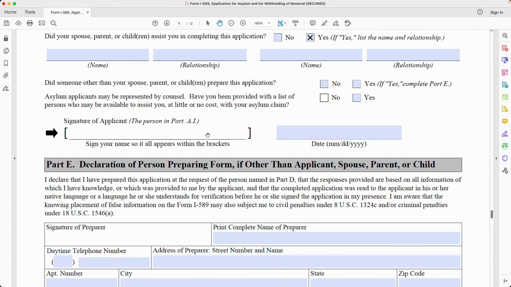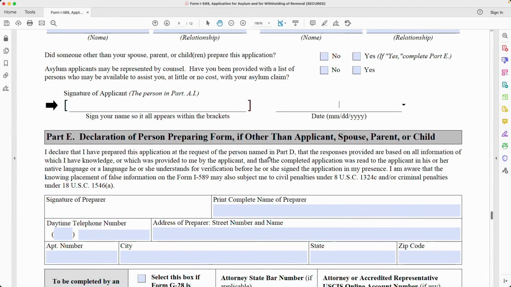Sign your name here by the arrow and write the date. If you are typing the information on your phone or a computer and then later plan to print the form I-589, do not forget to go back and sign the form here with a black ink pen after you print it.